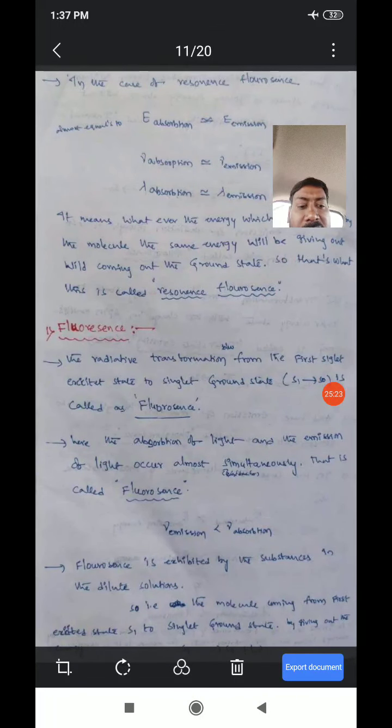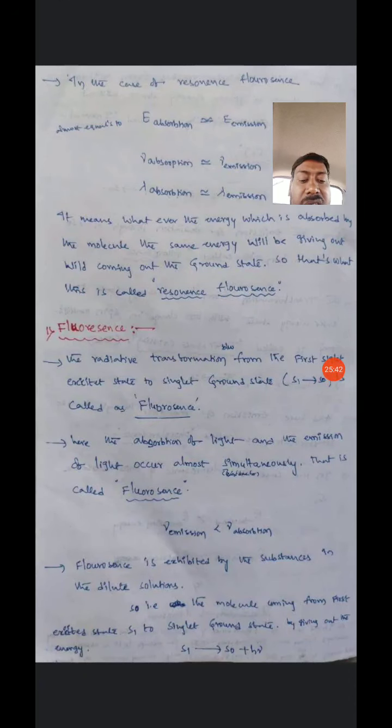The absorption of light and the emission of light occur almost simultaneously, so that is called fluorescence. The emission frequency is less than the absorption frequency.